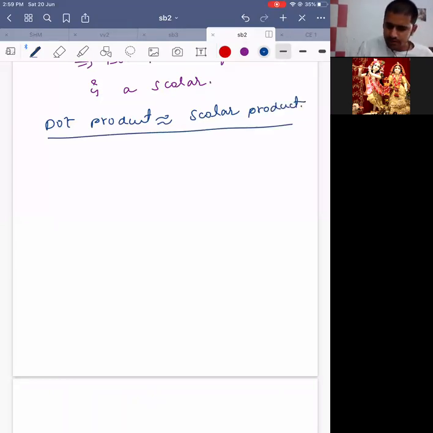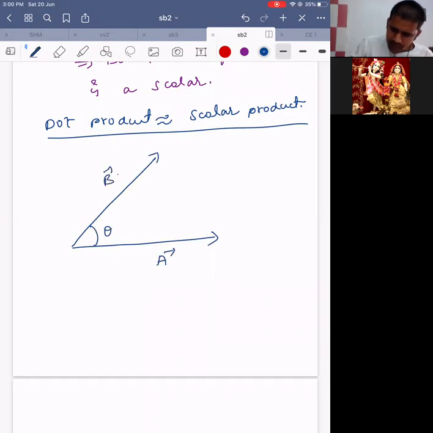Now, there is an angle theta here. There is a b vector, and the magnitude of b vector is b. I'm writing this directly as a scalar instead of vector form. This is b. This is a.